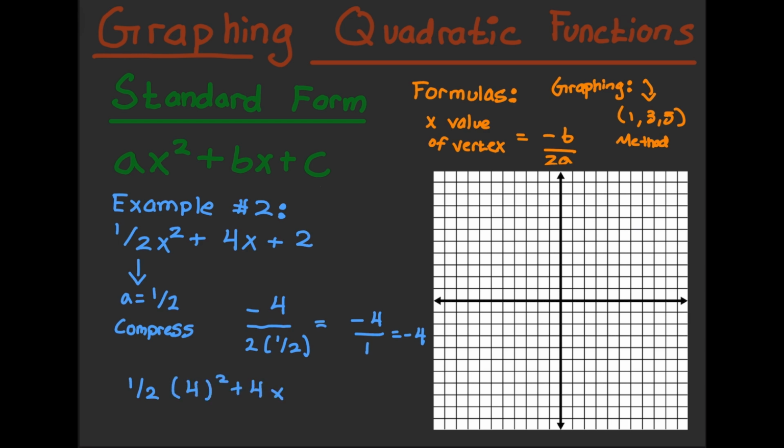We now have the x value of our vertex, and we want to find the y value. So we will plug negative 4 back into the original equation. 1/2 times negative 4 squared plus 4 times negative 4 plus 2.